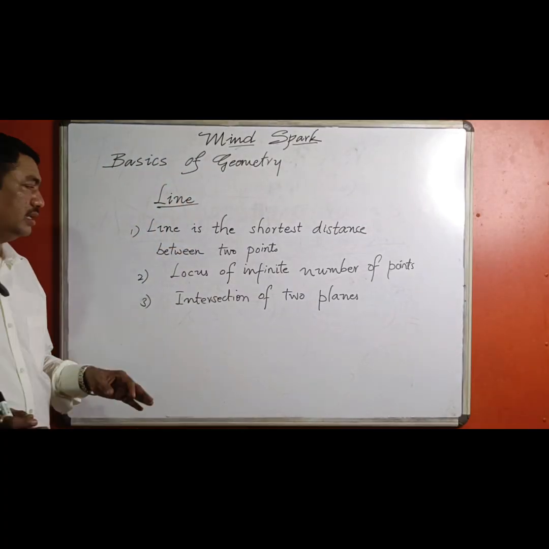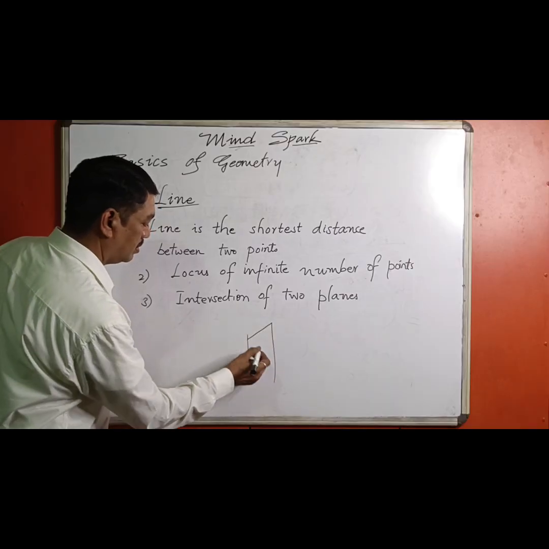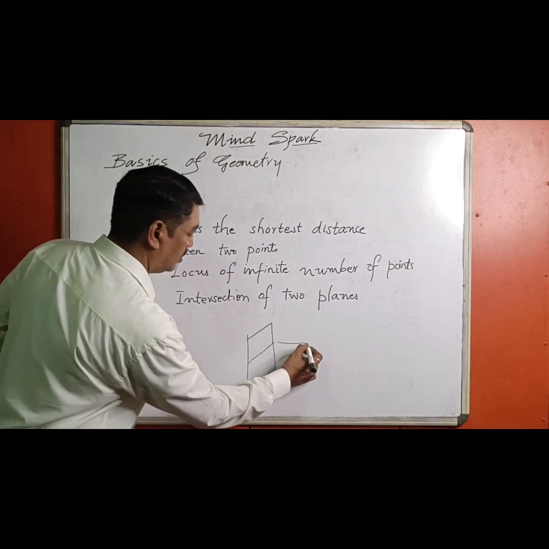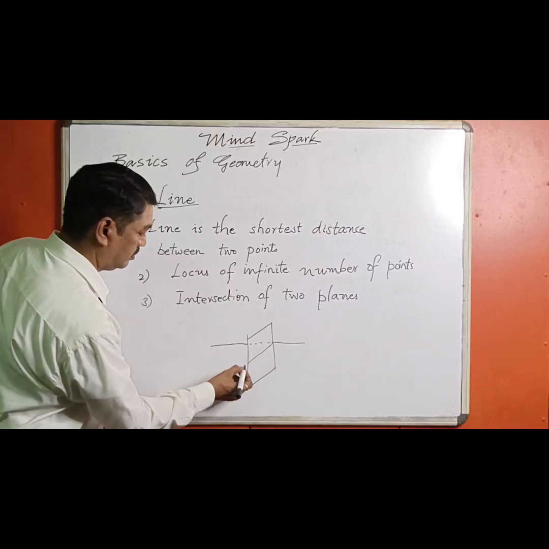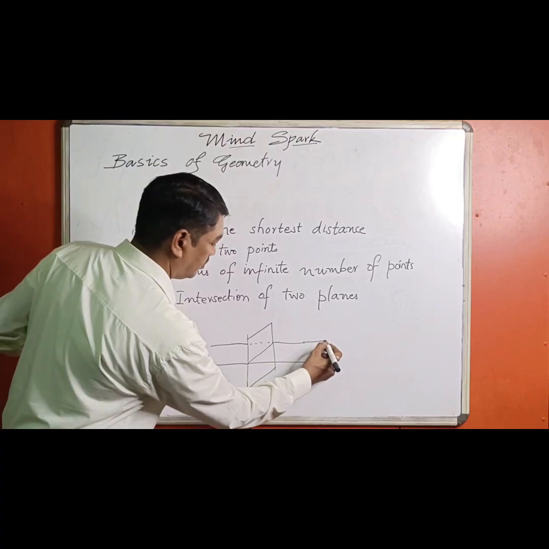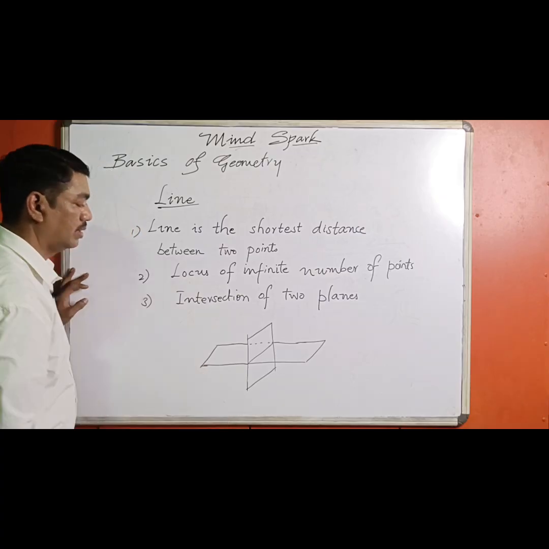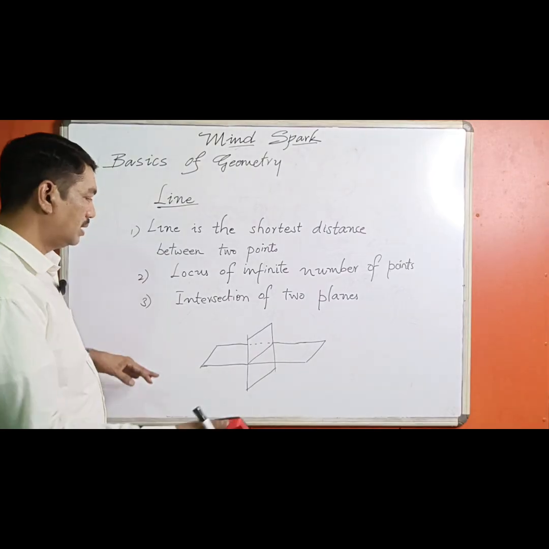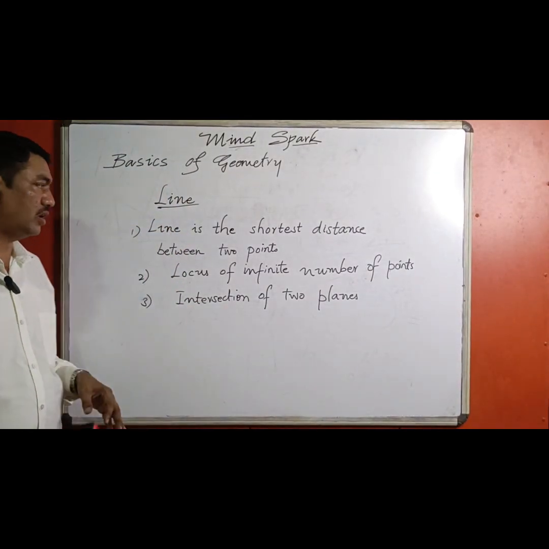For example, like this, you can see two planes are intersecting and you get a line here. Now you understood the definitions of a line.